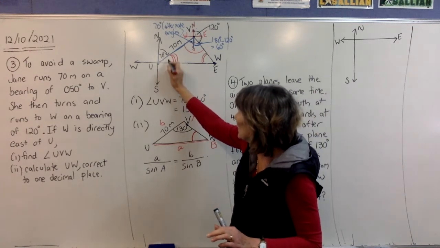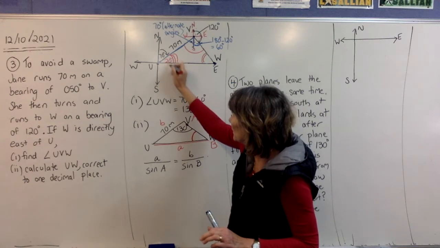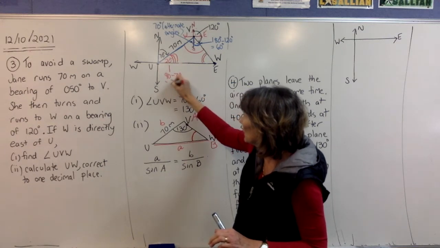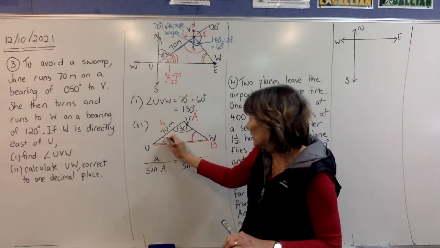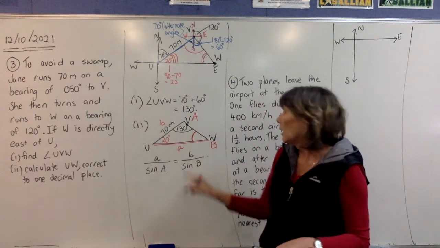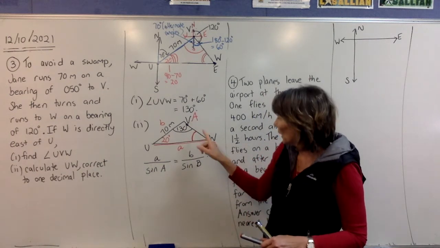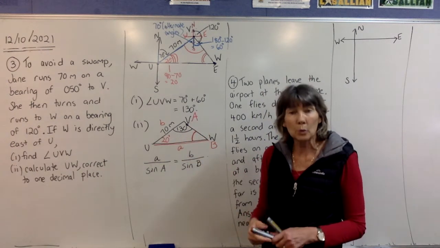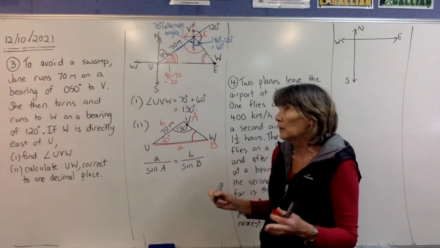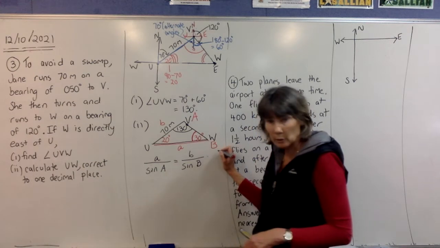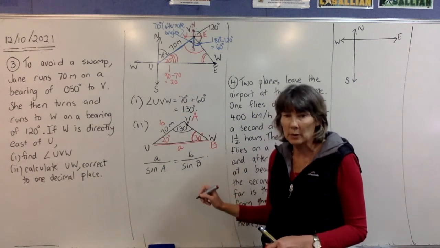So if you've got 70 here, this is going to have to be 20 degrees because we're doing 90 take away 70 and we'll get 20 degrees for that angle. So if I put that in, then we know that there's 180 degrees in a triangle. So if we do 180 take away 130 take away 20, that will leave us with 30 degrees. So now we do have angle B and we can proceed with the question.